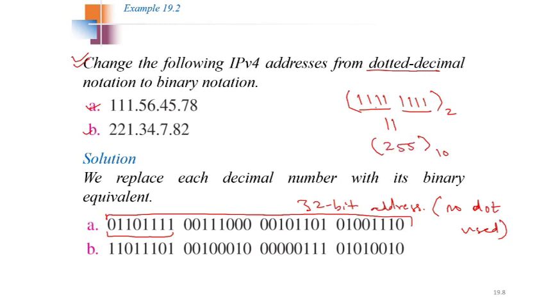So each byte has a maximum decimal value of 255. The minimum value is 00000000, whose decimal equivalent is 0. So each byte can have a value ranging between 0 and 255. It cannot be less than 0 and it cannot be higher than 255. This is the basic idea.